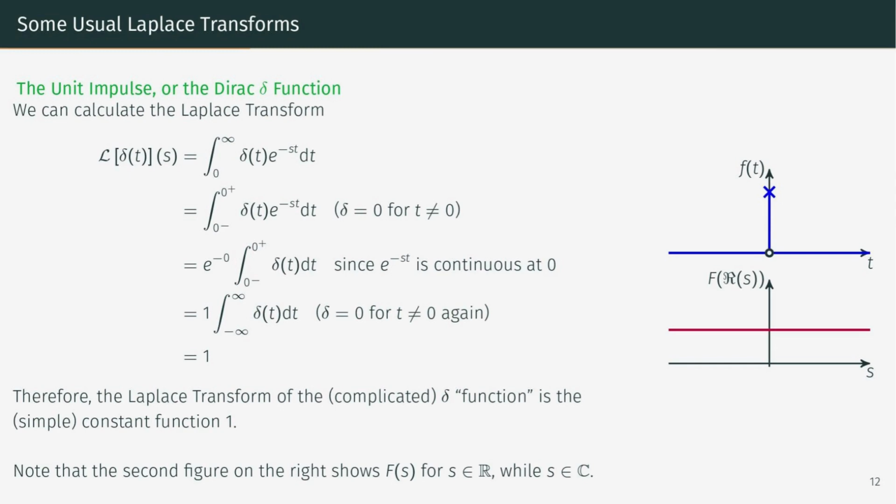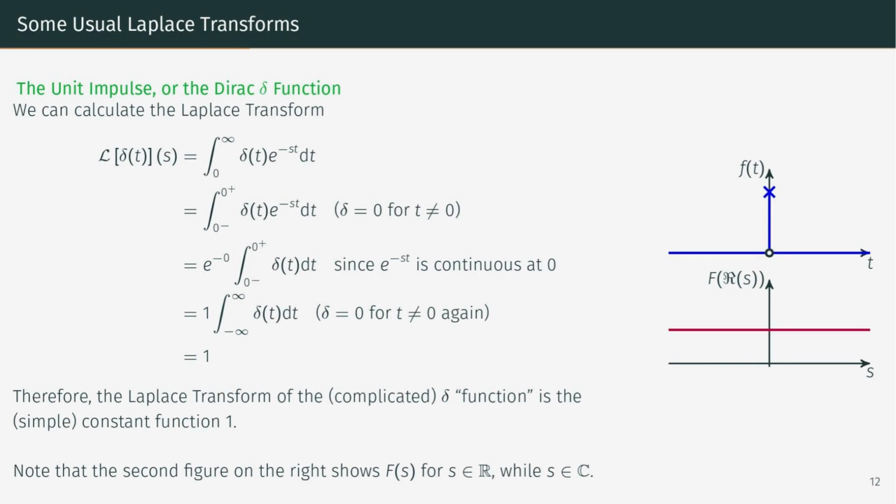This then equals e to the negative 0 times the integral of delta t dt from 0 from the left to 0 from the right, since e to the negative st is continuous at 0.